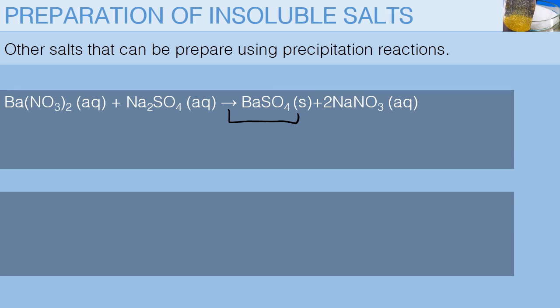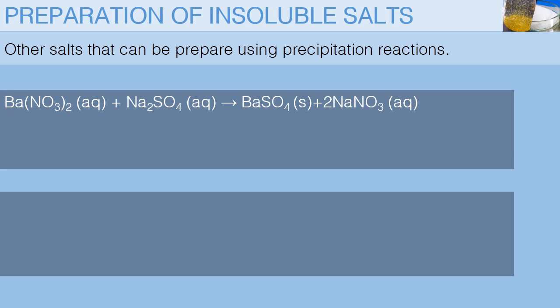In this case, we will use two solutions of barium nitrate and sodium sulfate. Remember, if these two salts are given in solid state, we will have to dissolve them in water before we can carry out double decomposition.